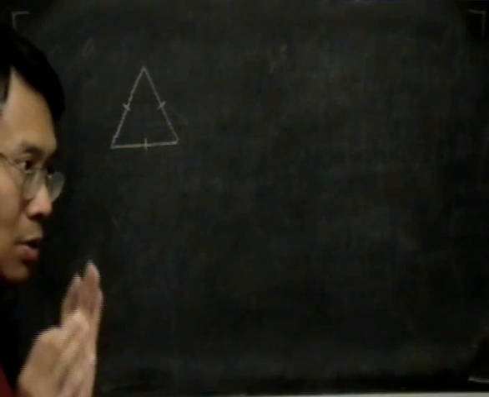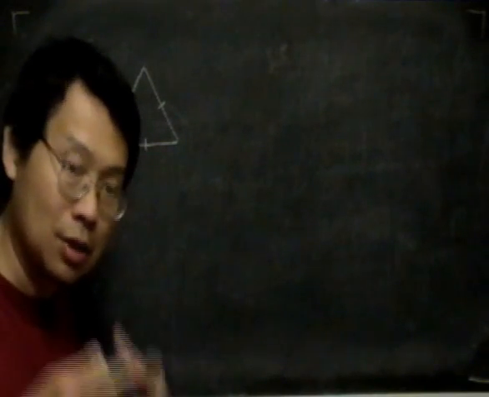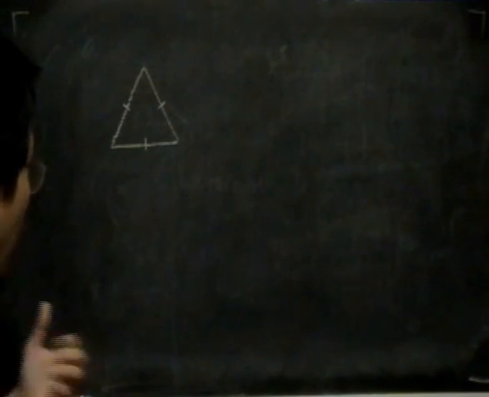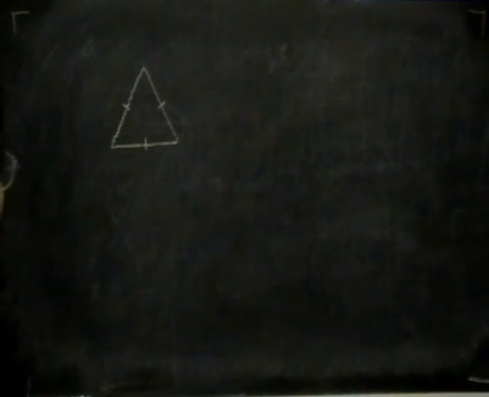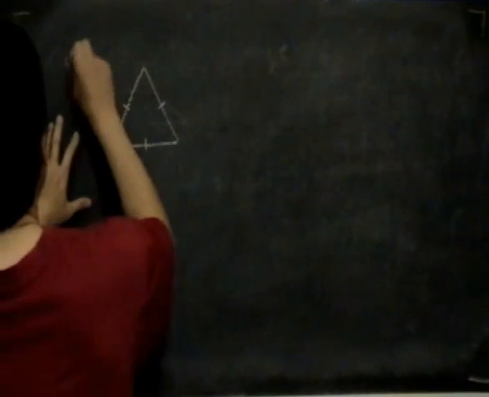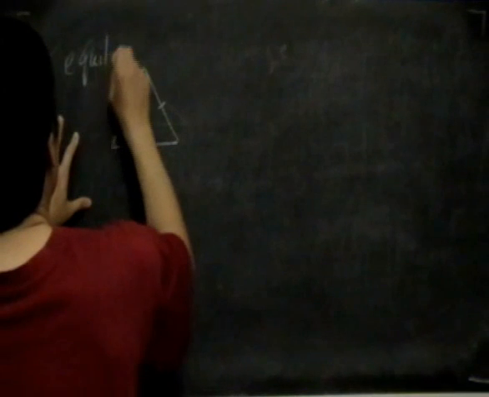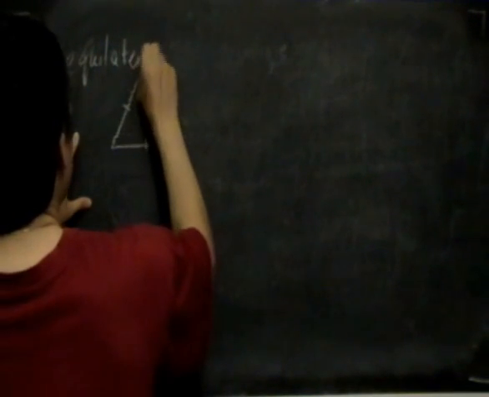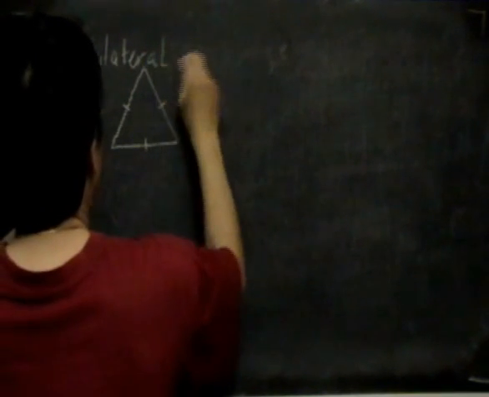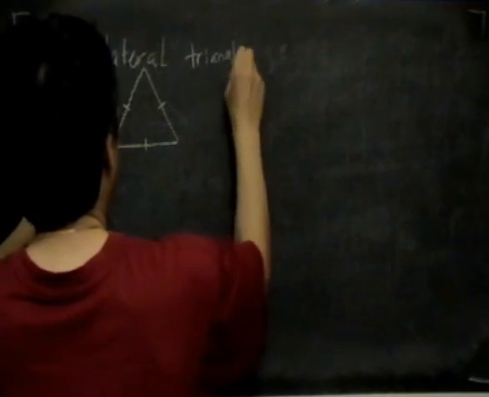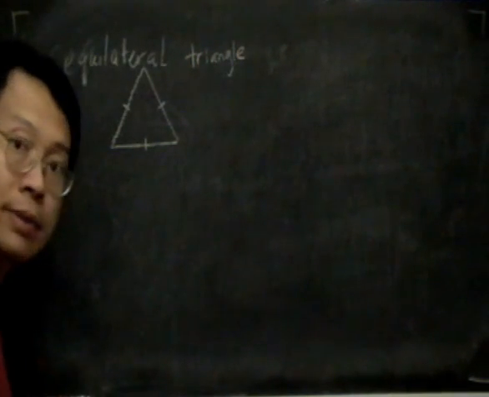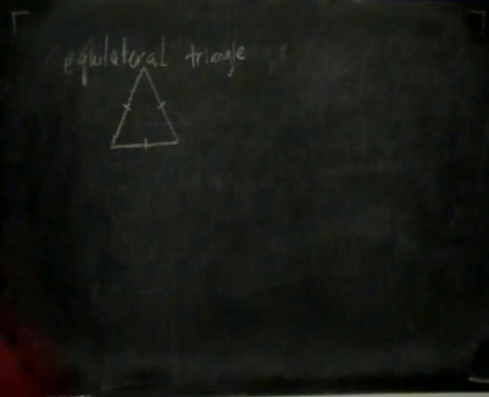So this is a type of triangle where all the sides are equal, and there is a name for that. We call that an equilateral triangle.